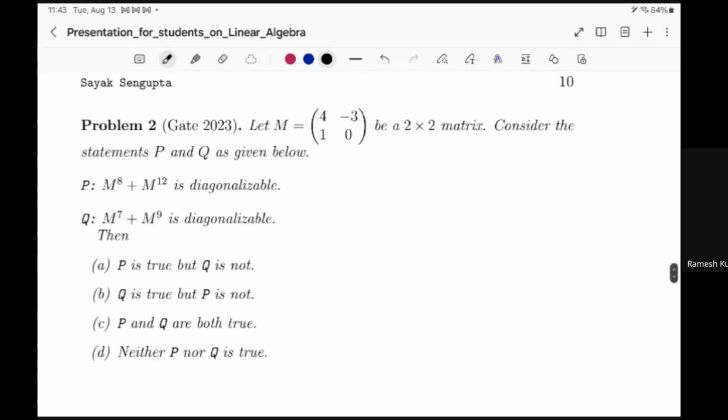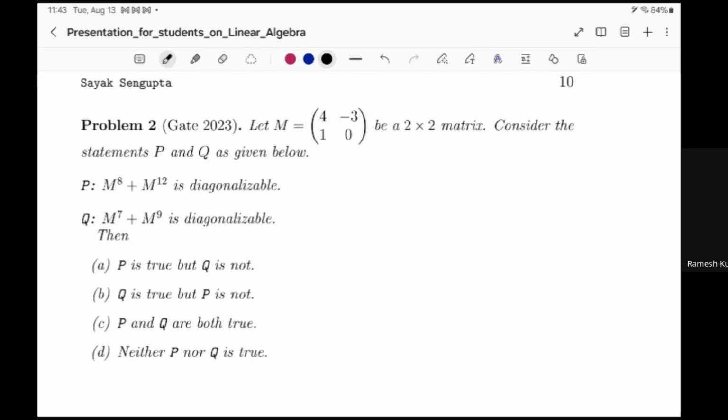Okay, so let's consider this matrix M equals 4, minus 3, 1, 0, which is a 2 by 2 matrix. And consider the statements P and Q given in this way. P is: M to the 8 plus M to the 12 is diagonalizable. And Q says that M to the 7 plus M to the 9 is diagonalizable.